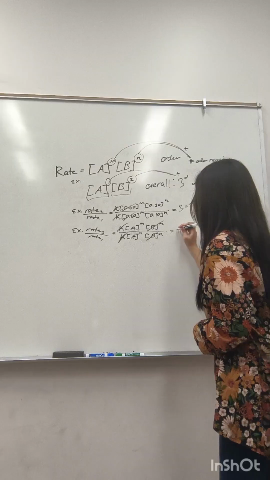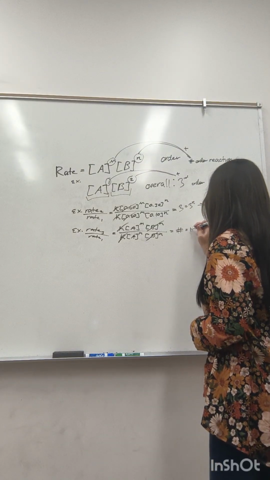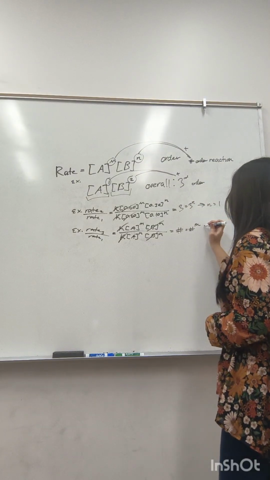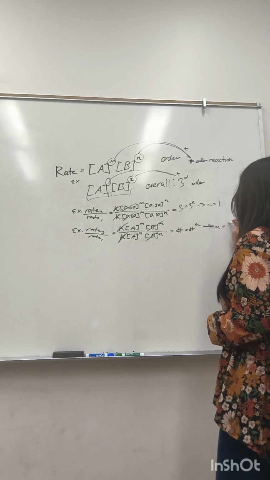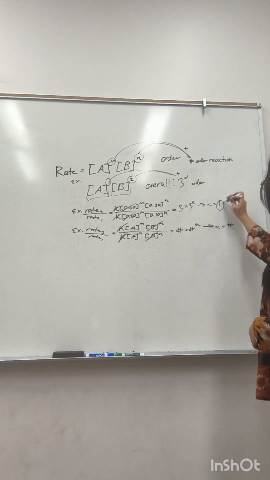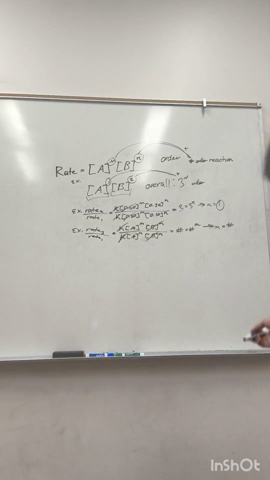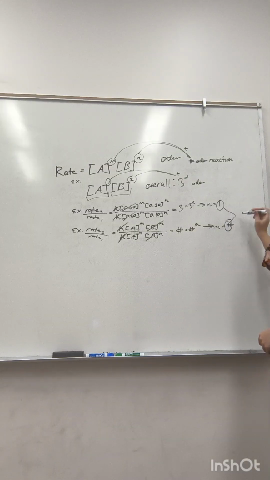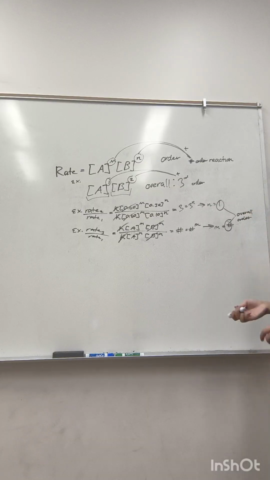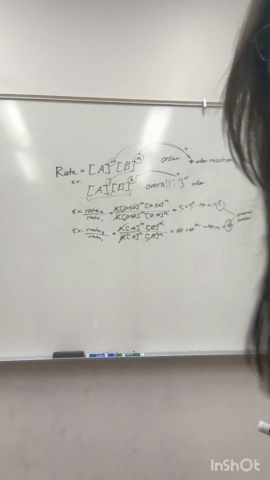And then you would get your number, which is equal to this number to the power of m. m equals that number. Then these two you would add together for your overall rate. So these two you would combine together for your overall order. So it kind of looks something like that.